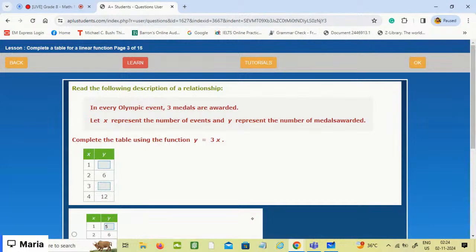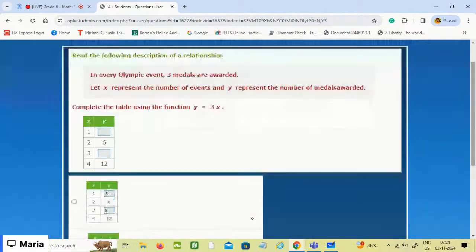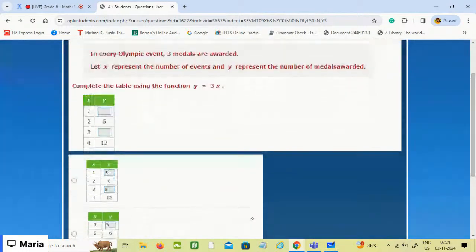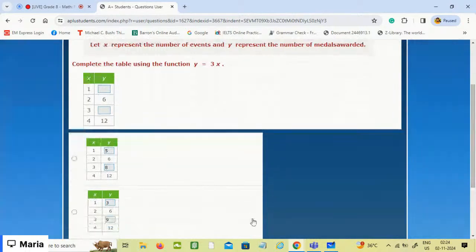In every Olympic event, 3 medals are awarded. Let X represent the number of events and Y represent the number of medals awarded. Complete the table using the function Y equals 3X.